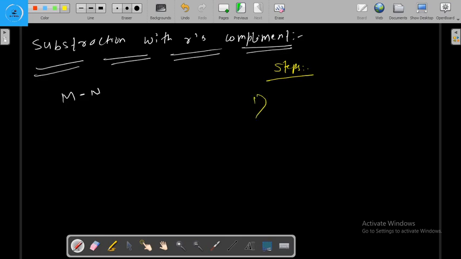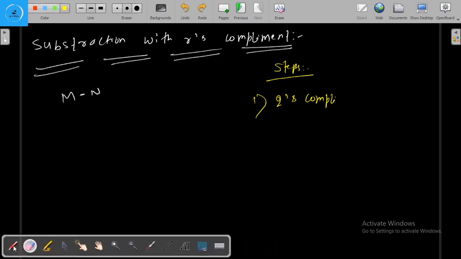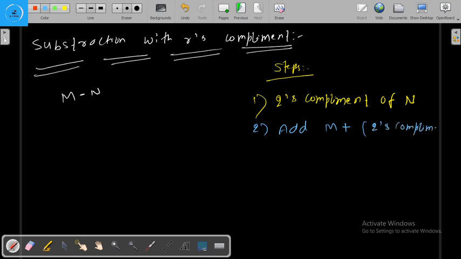Our first step: we are going to find the 2's complement of N. What will be our second step? Add M plus the 2's complement of N.